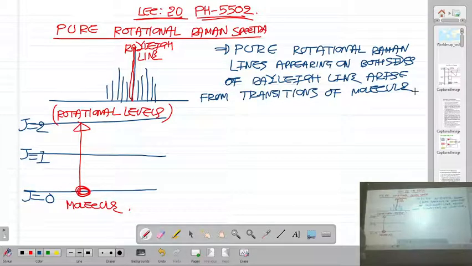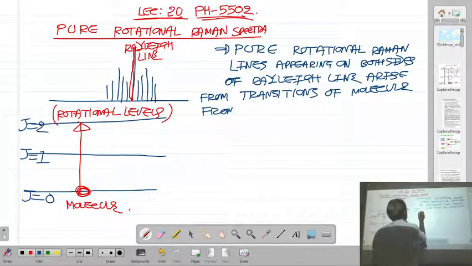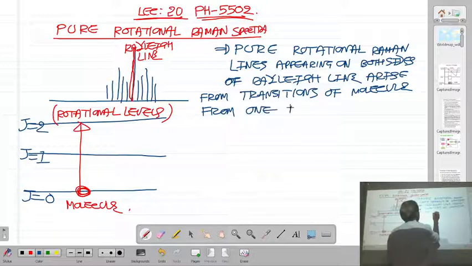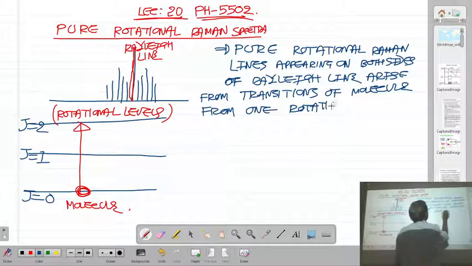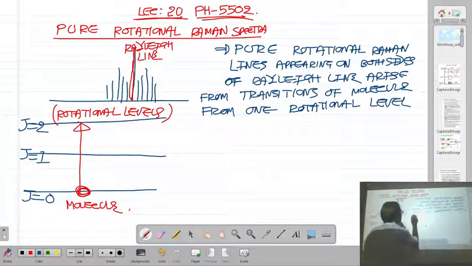So the pure rotational Raman lines appearing on the right hand side and left hand side of the Rayleigh line arise due to the transition of the molecule from one rotational level to the other rotational level.